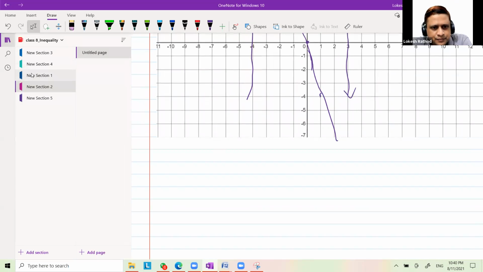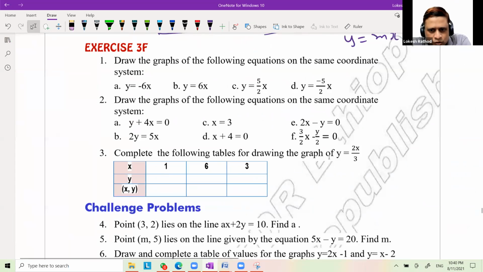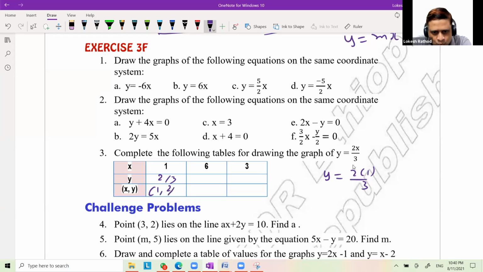So next we have: complete the following table for drawing the graph of y equal to 2x by 3. Okay, so simple. If you put x equal to 1 here, so y is what? 2 times 1 over 3, 2 over 3. So for x equal to 1, y is 2 over 3. And point is 1 comma 2 over 3. You put x equal to 6, so y equal to 2 times 6 over 3.